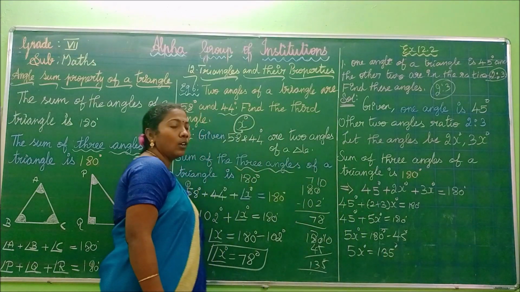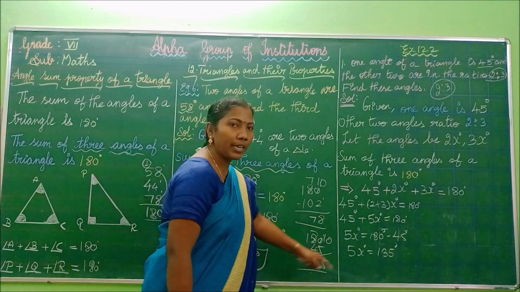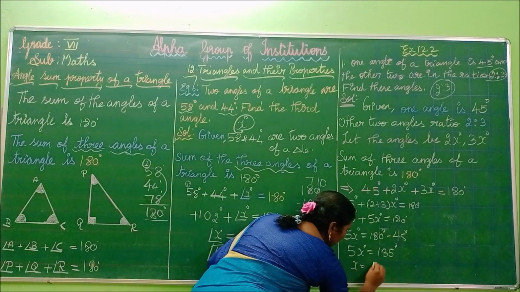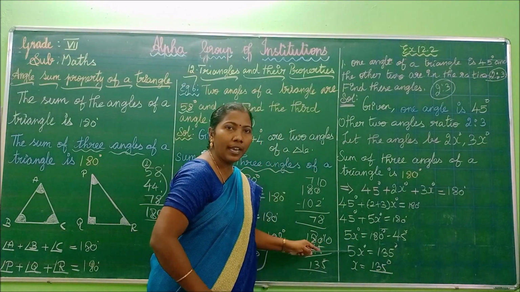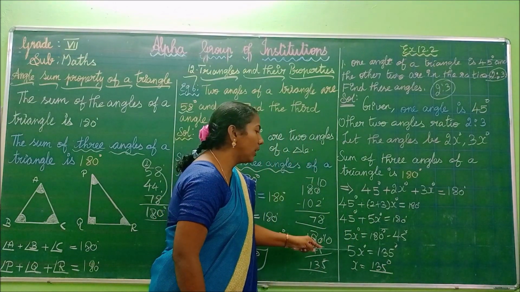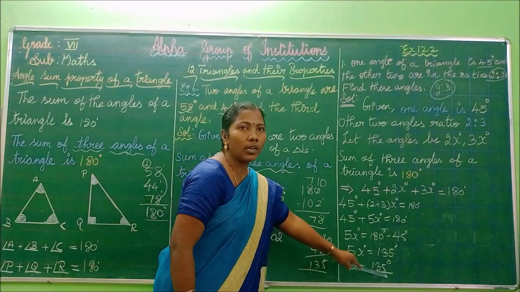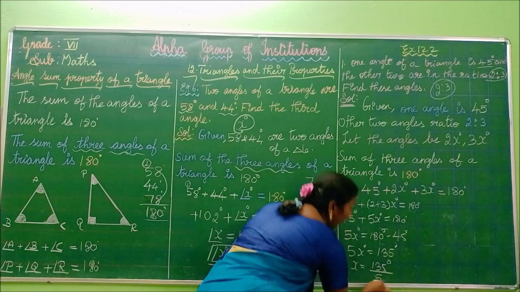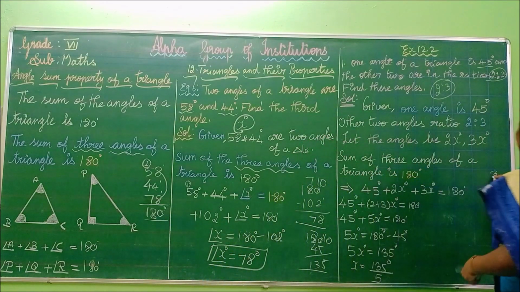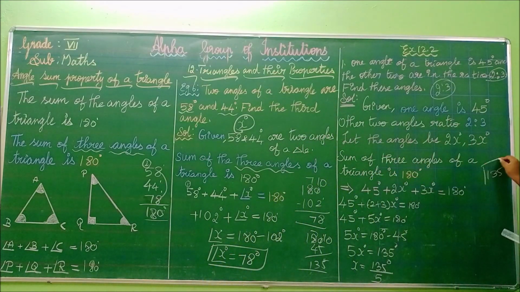135 degrees. First of all, you have to find the value of x. So x equals 135 by 5. What is the operation between 5 and x? Multiplication. If you bring the 5 from LHS to RHS, it becomes division. Now we are going to divide 135 by 5. 2 fives are 10, remember 3, bring down the 5. 7 fives are 35.